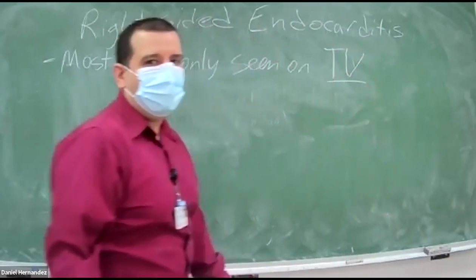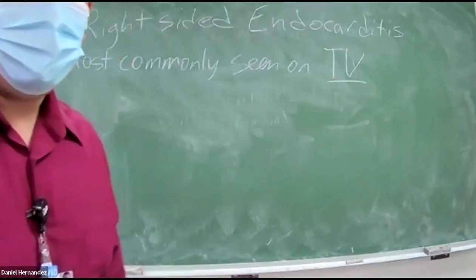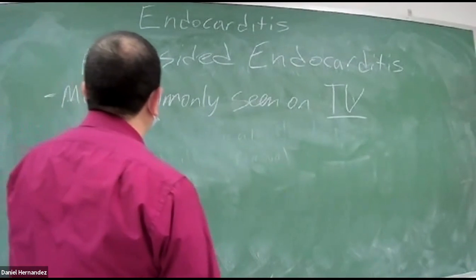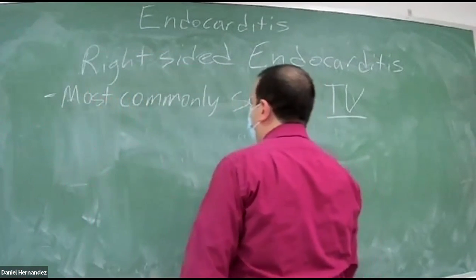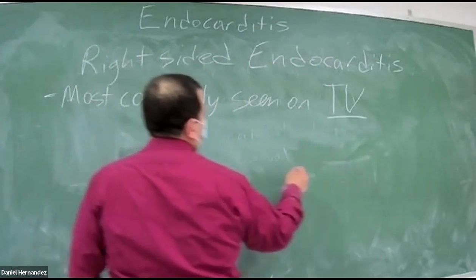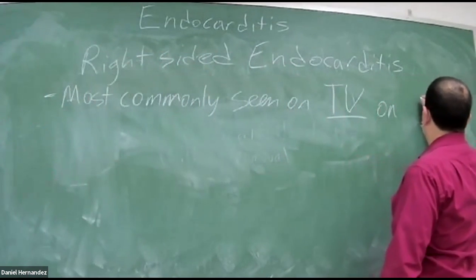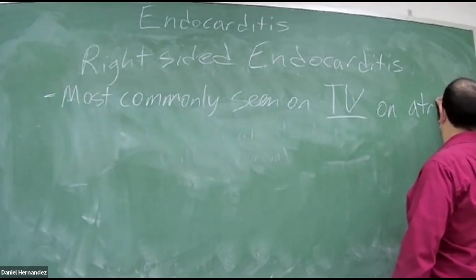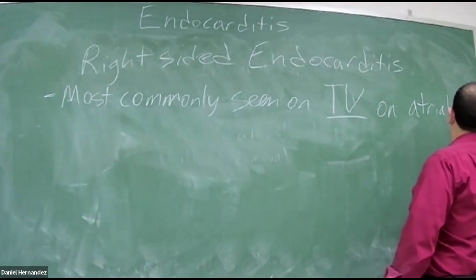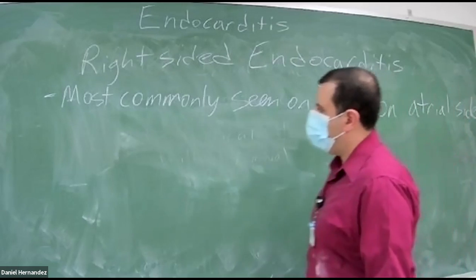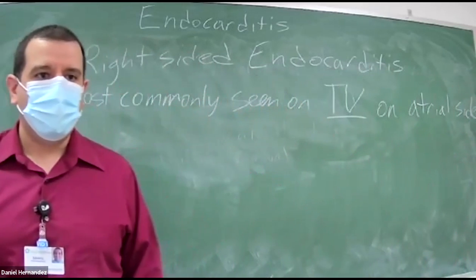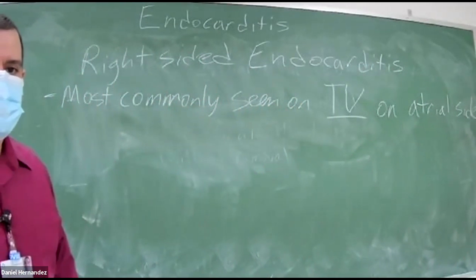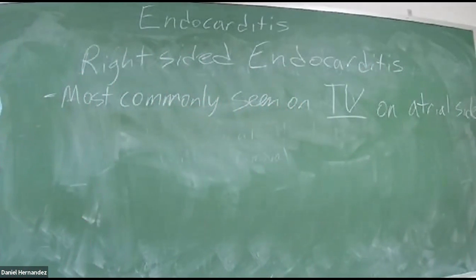Why? Because that's the valve that the blood is going to hit first. It's going to get to the tricuspid valve before it gets to the pulmonic valve. Again, on the atrial side. Vegetation size tends to be larger in right-sided endocarditis.